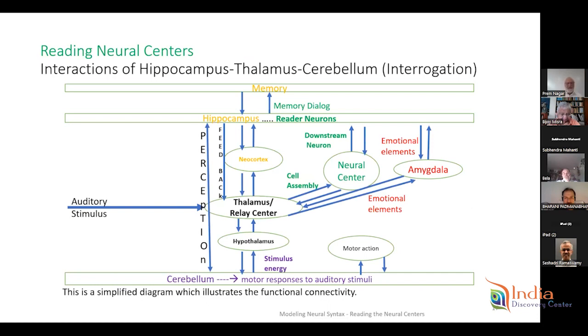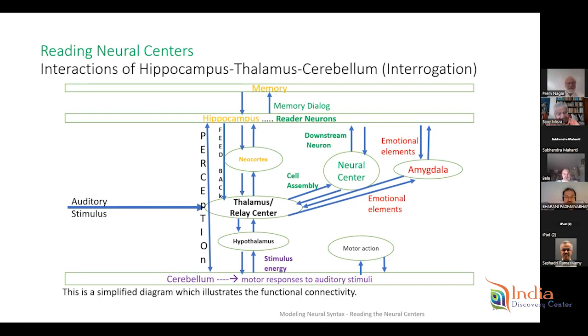Now, coming to the interactions of hippocampus, thalamus, and cerebellum, where there is an interrogation also happening. It's a very simplified diagram which illustrates the functional connectivity. At the top is memory, the hippocampus, at the bottom the cerebellum, and this is the auditory stimulus which we are receiving through our ear, going through various nuclei, and it reaches the thalamus, which is a relay center.